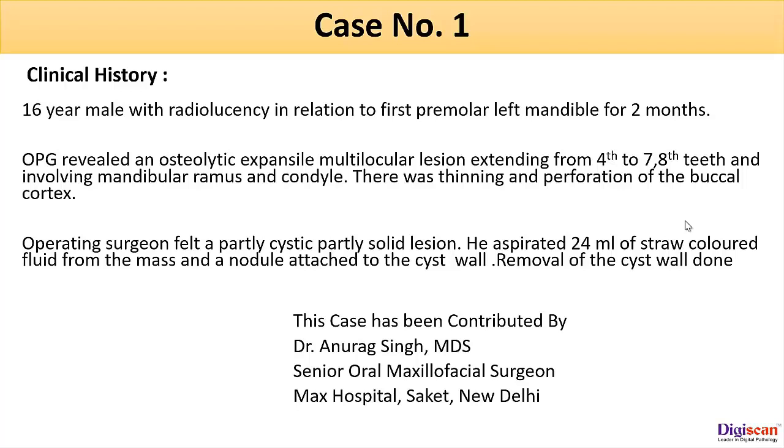There was thinning and perforation of the buccal cortex. Operating surgeon Dr. Anurag Singh felt a partly cystic, partly solid lesion while operating. He aspirated 24 ml of straw-colored fluid from the mass and a nodule attached to the cyst wall. Removal of the cyst wall was done.